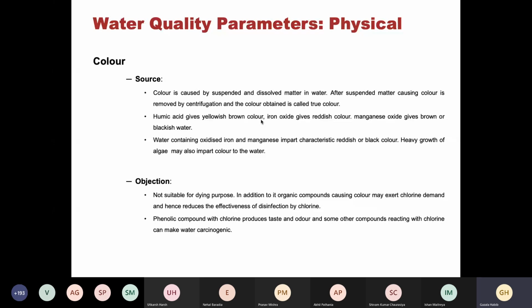It is objectionable and also reduces the effectiveness of the disinfection process. Some phenolic compounds with chlorine produce taste, odor and color. Oxides of metals are not desirable above a certain limit, and phenolic compounds are not at all desirable in drinking water.